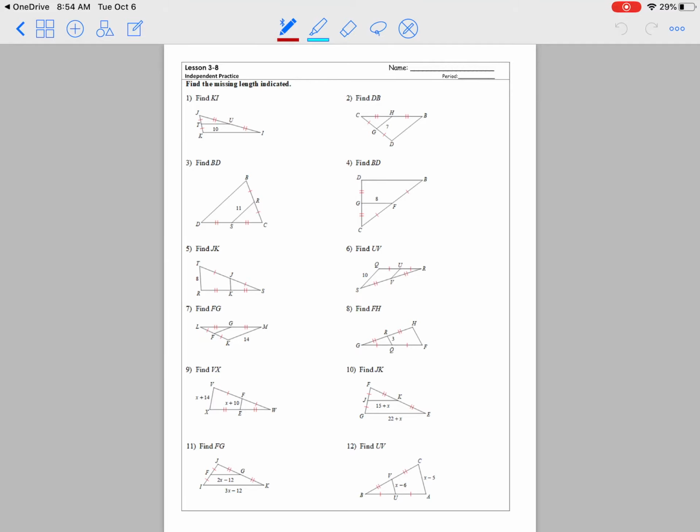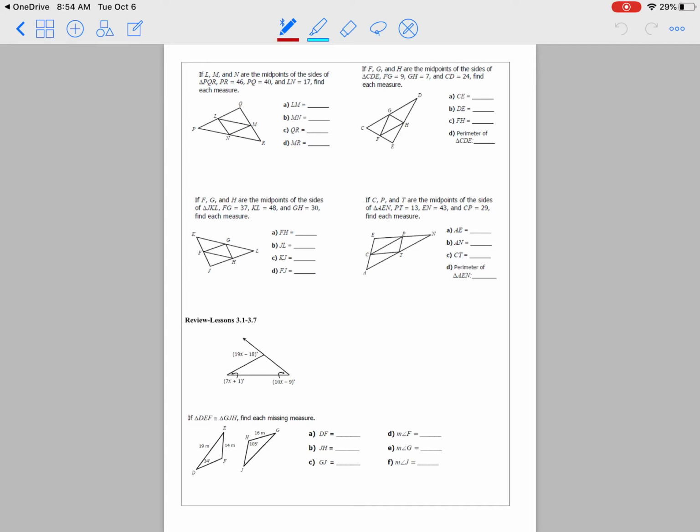All right, for your independent practice, you have 12 problems of mid-segment. These problems are very simple. You're just going to be indicating the length. But you don't have to do these ones.